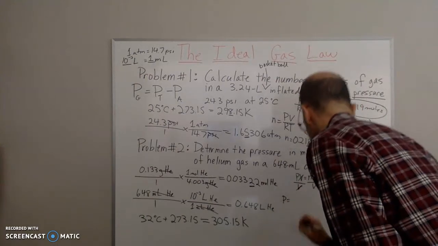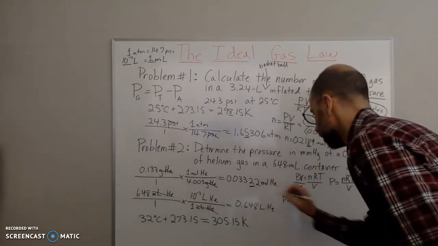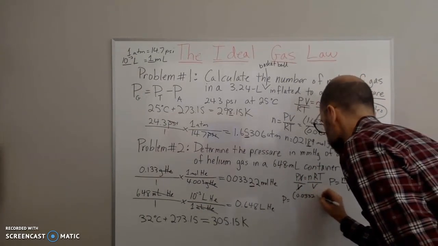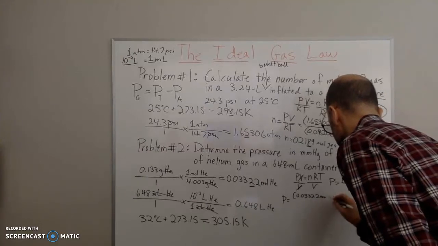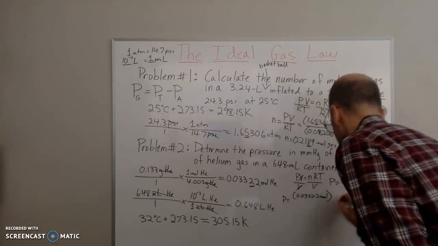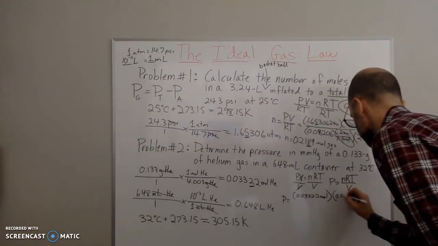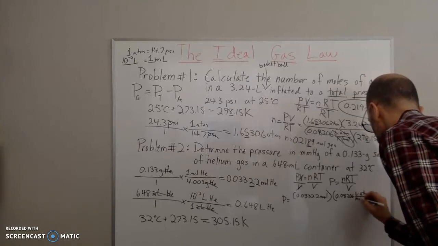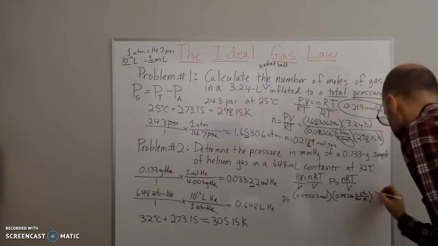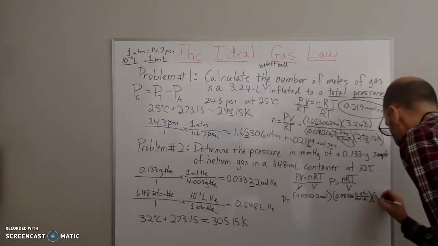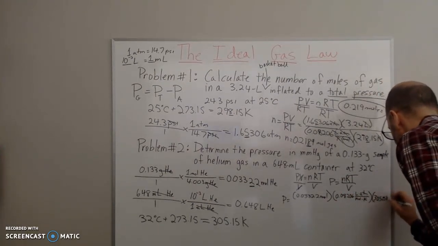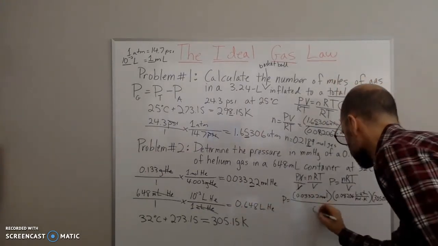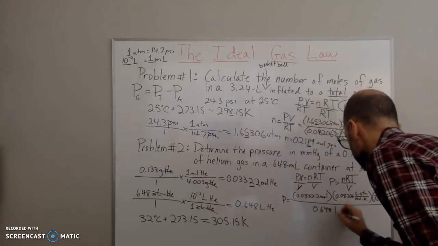And now I plug everything in. So pressure is equal to the number of moles, 0.03322 moles, multiplied by R, which is 0.08206 liter atmospheres over mole Kelvin, and then multiplied by the temperature, which is 305.15 Kelvin, and then I'm going to divide that by the volume, which is 0.648 liters.